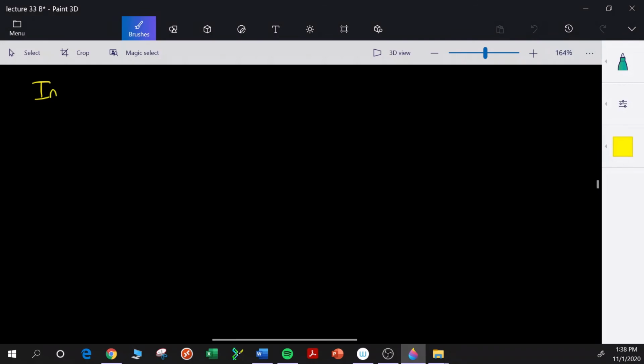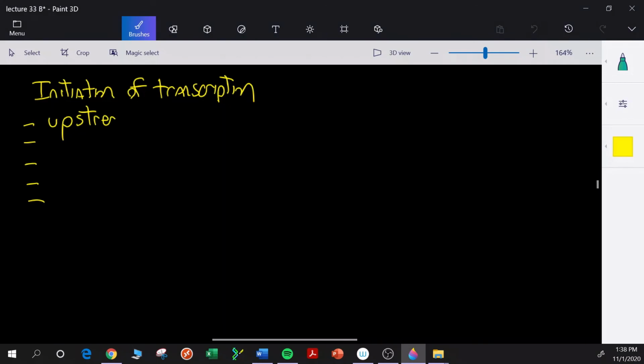So, to get a little organized here, initiation of transcription involves loading RNA polymerase II onto the core promoter of RNA polymerase II transcribed genes. And there will be a number of complexes involved here. We are going to first take a look at the upstream promoter complex.